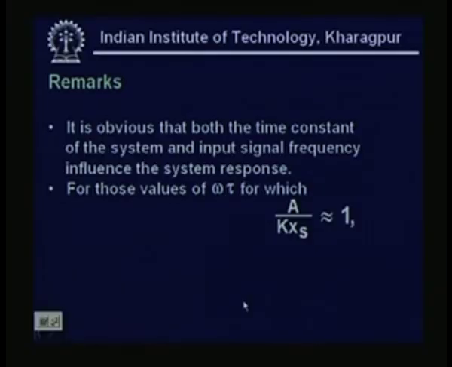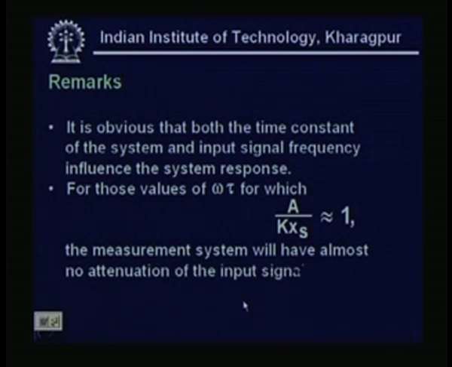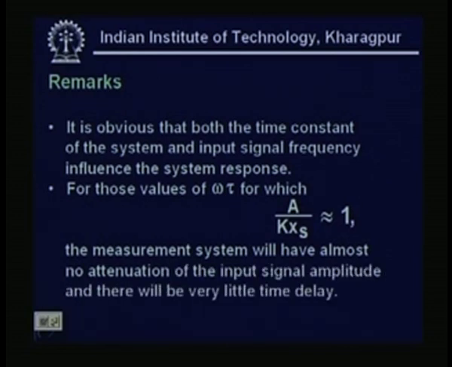For those values of omega tau for which A by k x s is almost equal to 1, the measurement system will have almost no attenuation of the input signal amplitude, and there will be very little time delay. That is always what we want.